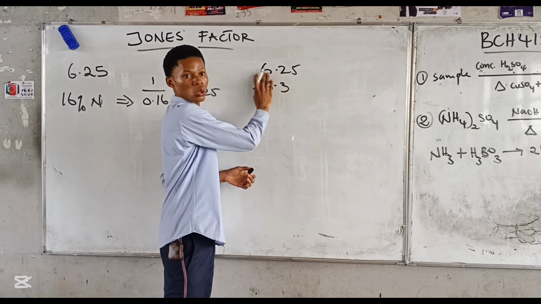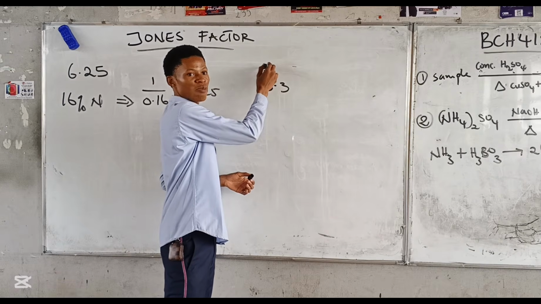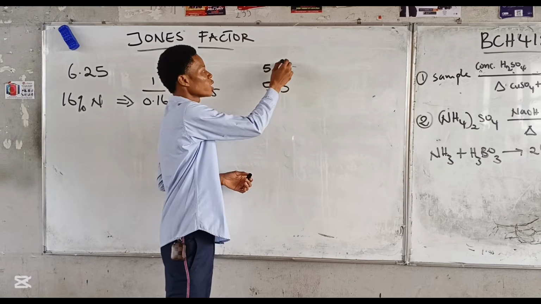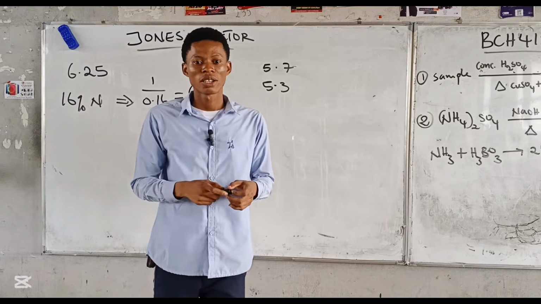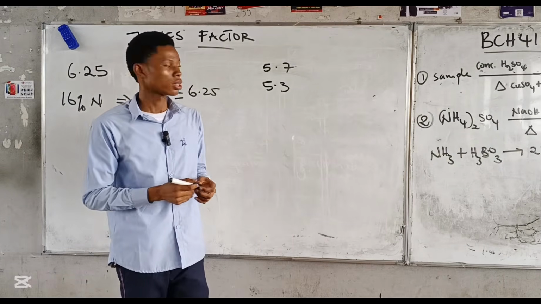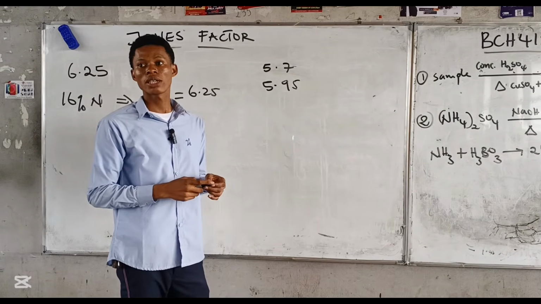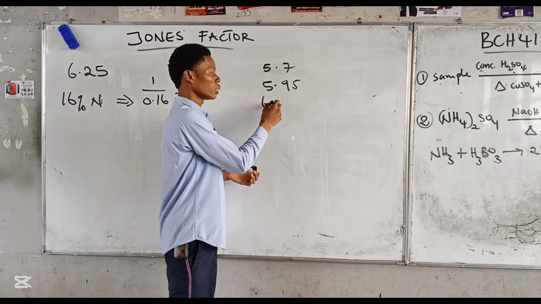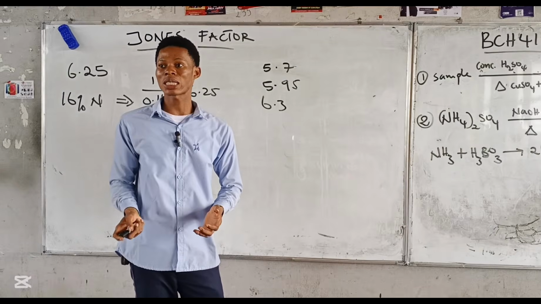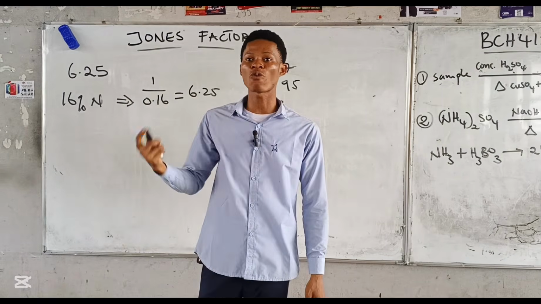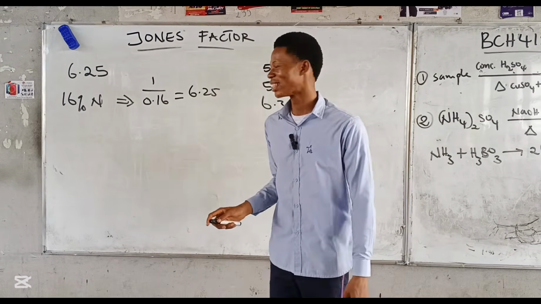For beans 5.7. For rice this. For fruit, so you see that rice is 5.95. Milk is 6.3. So you see that we have different Jones factors for different substances and not just multiplying by 6.25.